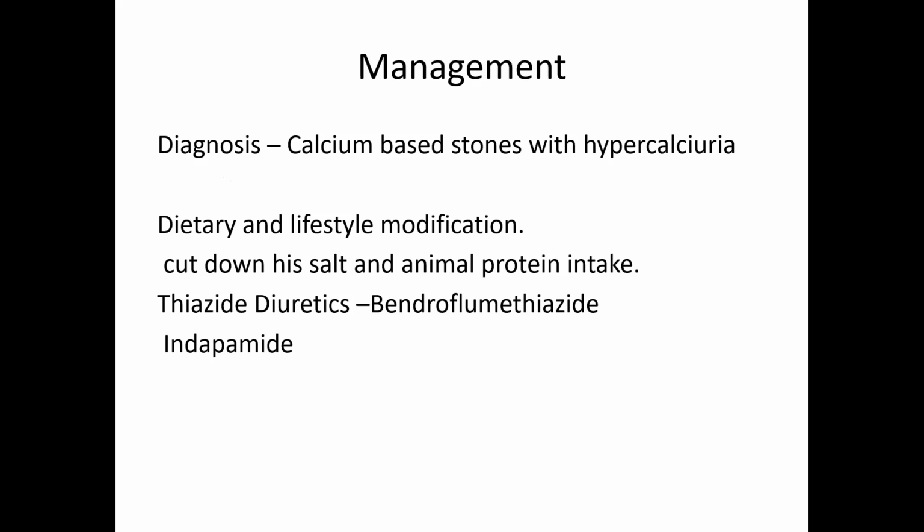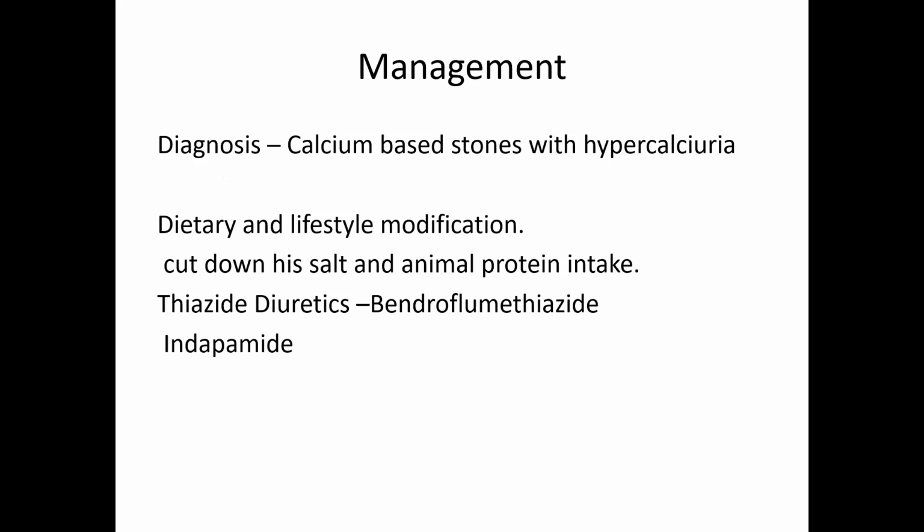So, as you see in my previous slide, his sodium intake and protein intake are high because his urine sodium and urine urea were high. So we asked him to cut down salt and animal protein intake.